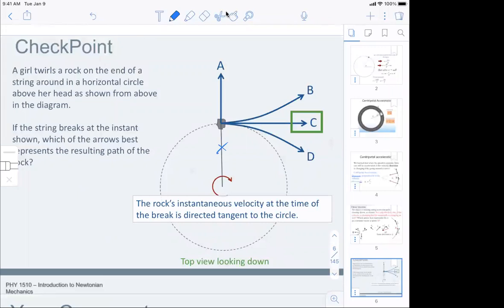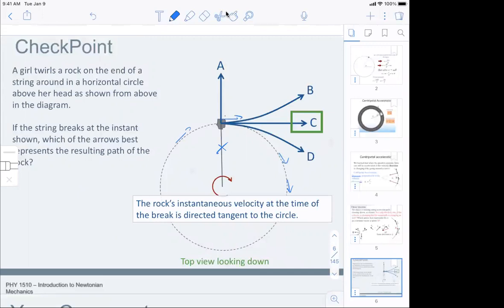Okay, going back to this question, we know that at any instant, the rock has instantaneous velocity like this. Precisely because you have the tension in the string that provides an acceleration, your rock is rotating and following a circular motion.